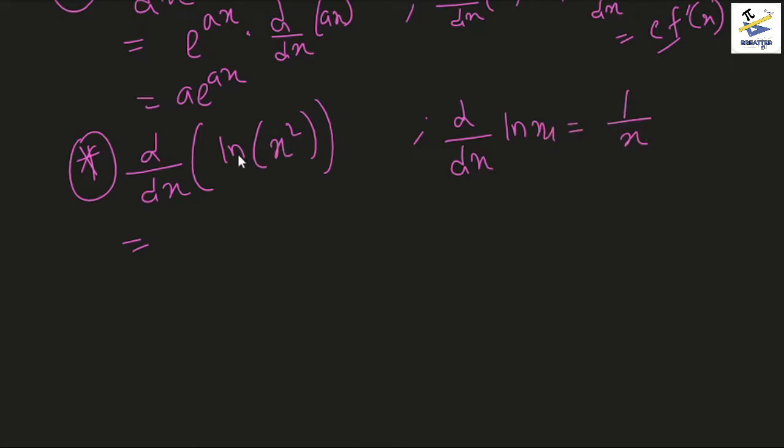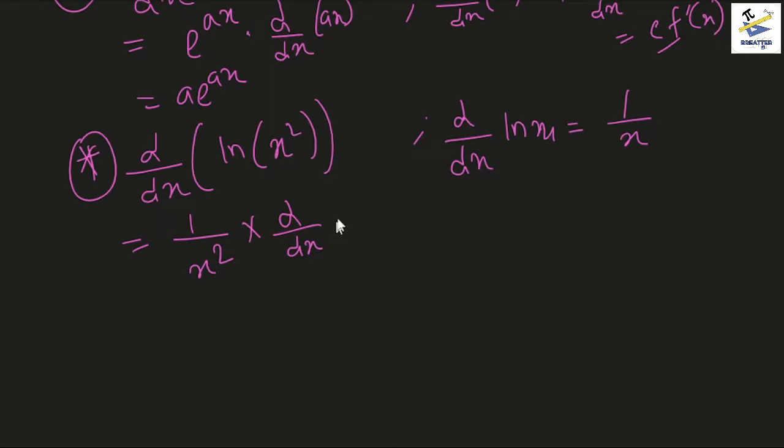So pretend as if this function is ln of x and we write the derivative as 1 by x square. So do not directly write 1 by x, because you just need to pretend, but when you write the derivative, you write the same thing, and instead of x, whatever is present, you use that, but you're just pretending it is x, right? Now you multiply and you do the derivative of the next level, the expression which is present instead of x.